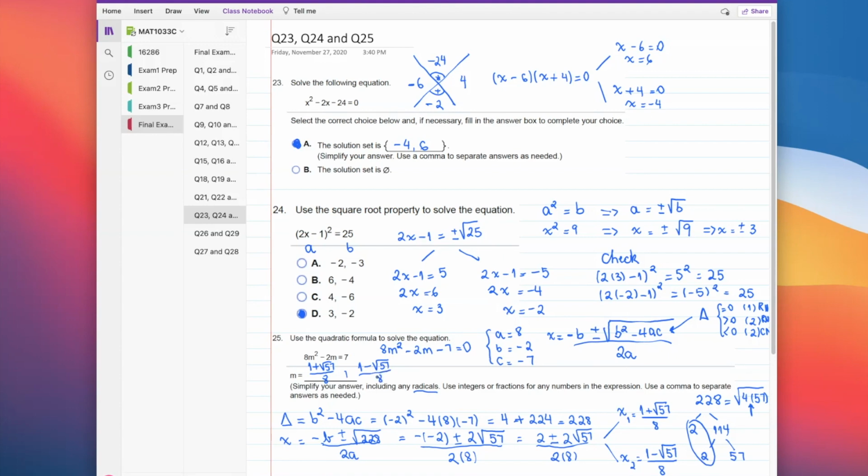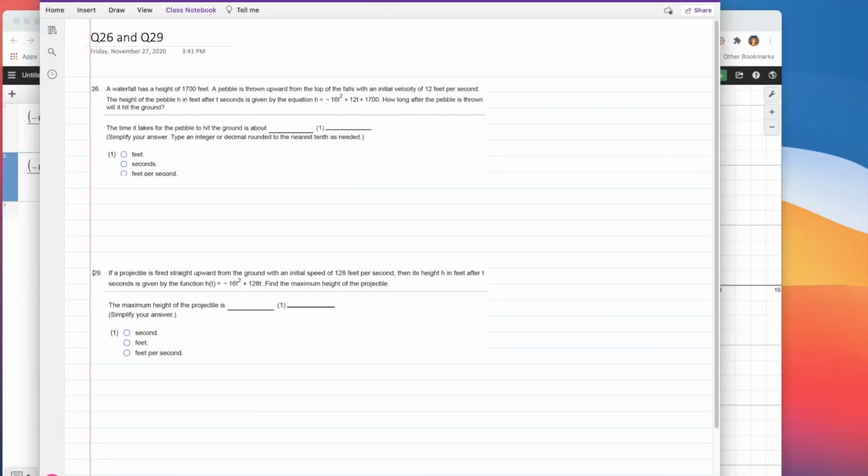Here I'm going to demonstrate how to solve questions 26 and 29. So I skip a few because both are word problems. They are problems solved using quadratic equations. The first one talks about a waterfall that has a height of 1,700 feet.